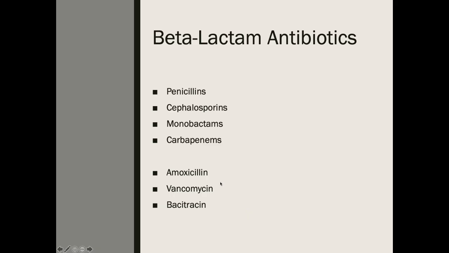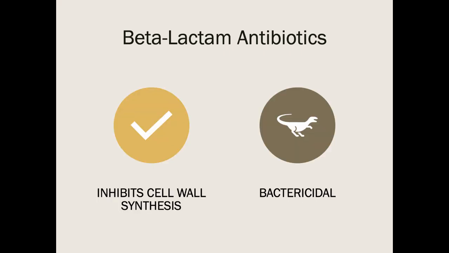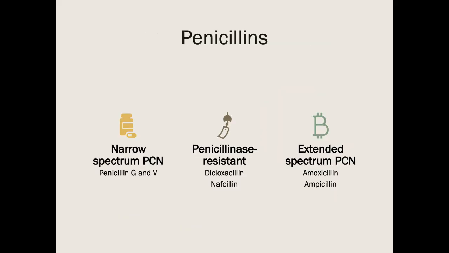Getting into the actual medications, we've got penicillins, amoxicillin, vancomycin, and bacitracin. And these are very, very popular, very commonly prescribed antibiotics. Our beta-lactam antibiotics inhibit the synthesis of cell walls, so we can't rebuild cell walls as they break down. And beta-lactams are bactericidal, so they do go in and kill bacteria.